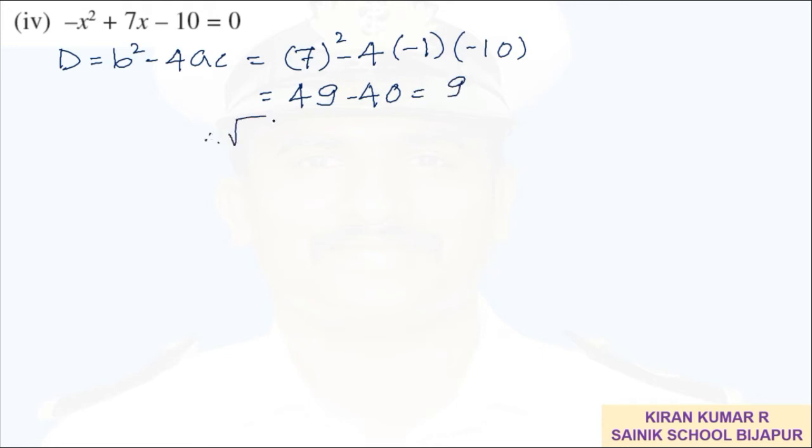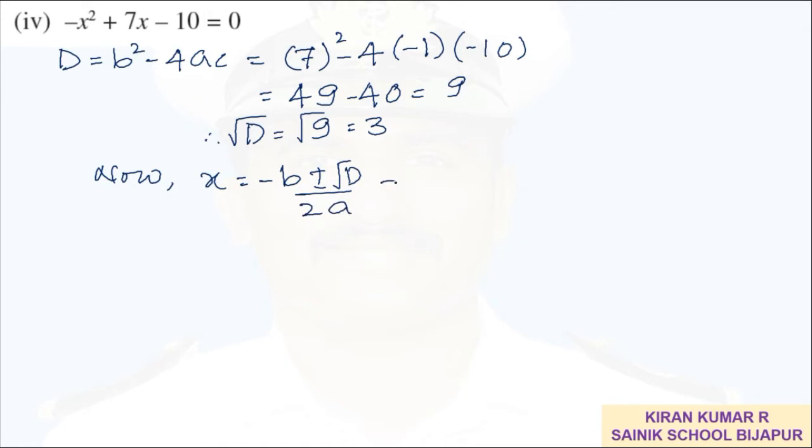Therefore, root of d is root 9, nothing but 3. So now make use of a formula x is equal to minus b plus or minus root d by 2a. Substitute. We get negative 7 plus or minus 3 upon 2a is 2 times minus 1.